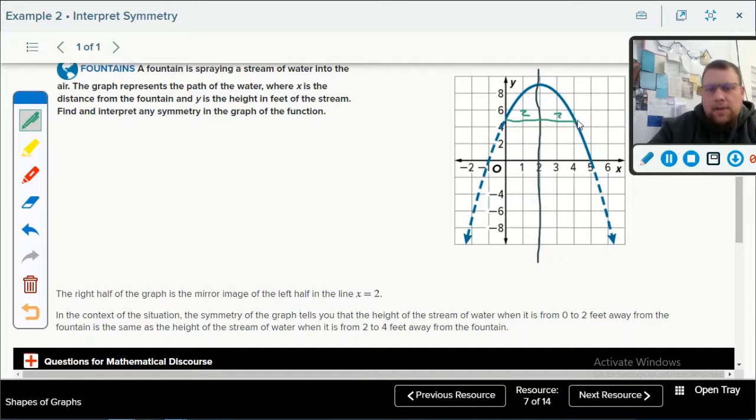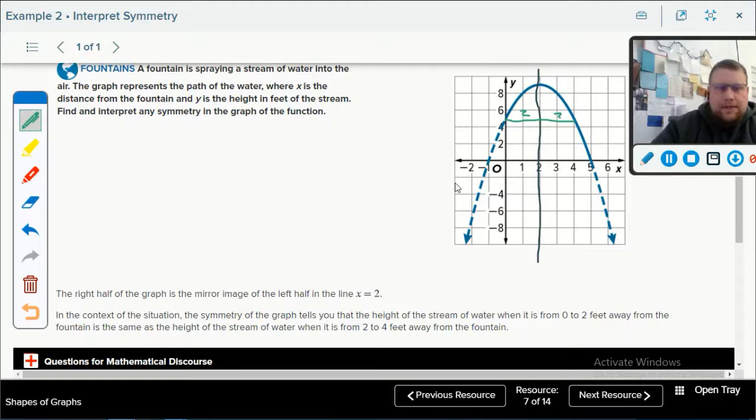So in the context of this situation, the symmetry of the graph tells you that the height of the stream of water when it is from 0 to 2 feet away from the fountain is the same as the height of the stream of water when it is from 2 to 4 feet away from the fountain. That's what this symmetry tells us.